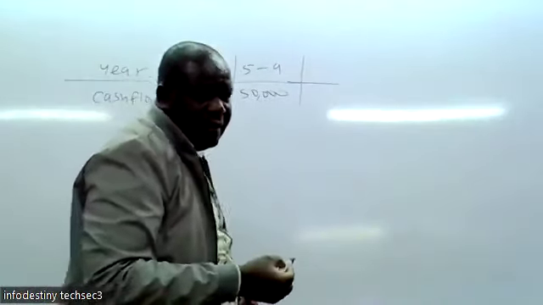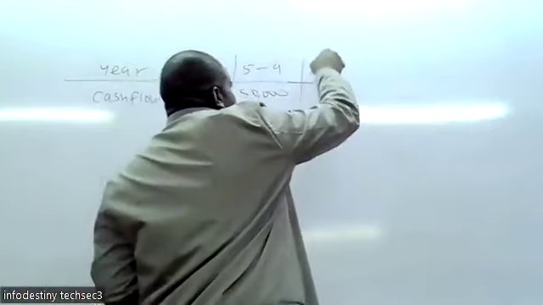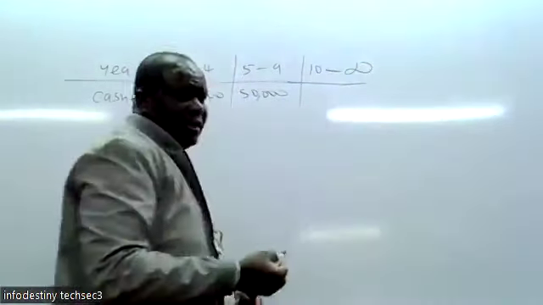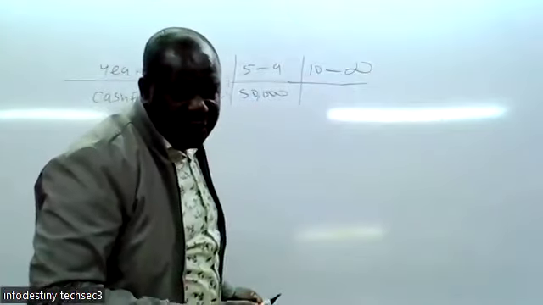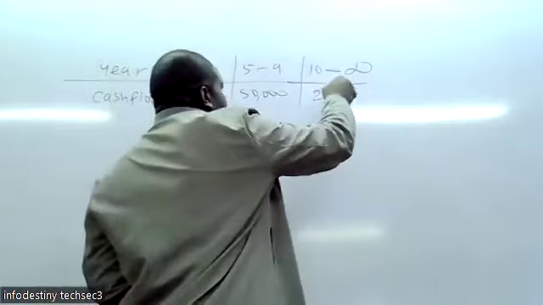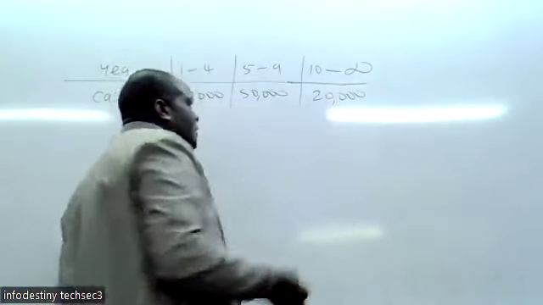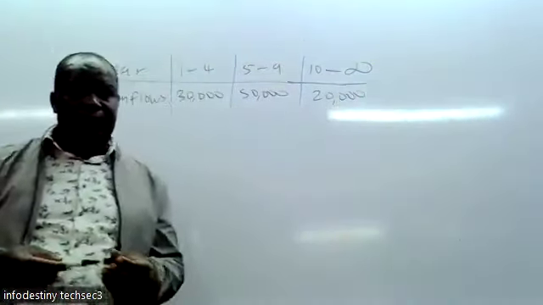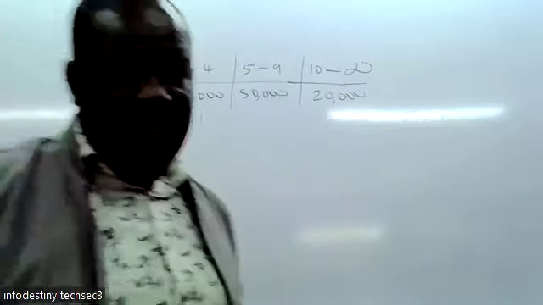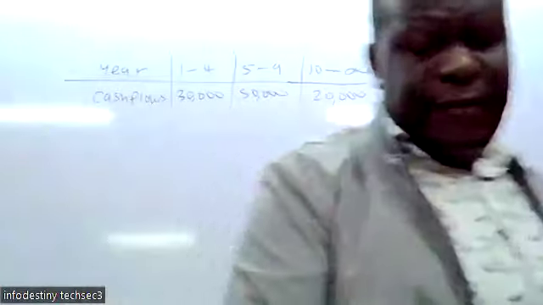Then there is year 10 up to infinity, where the cash flows are 20,000.